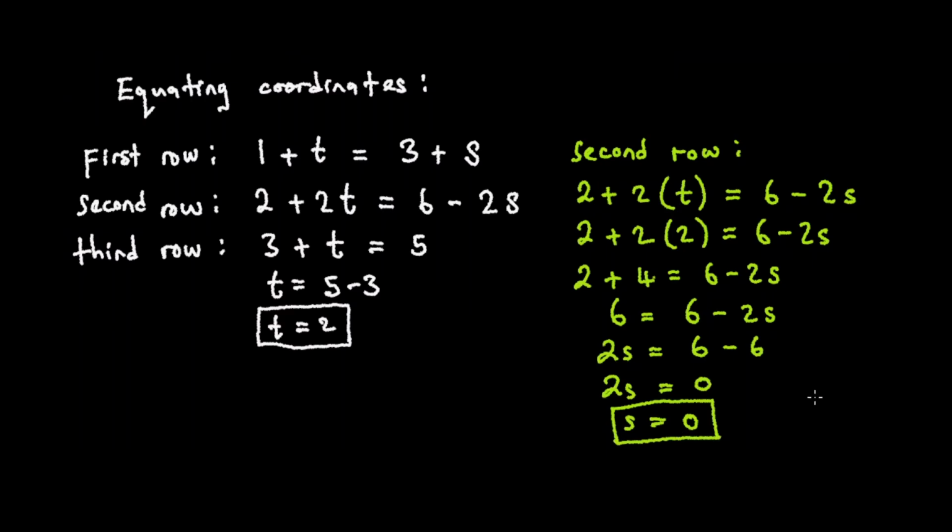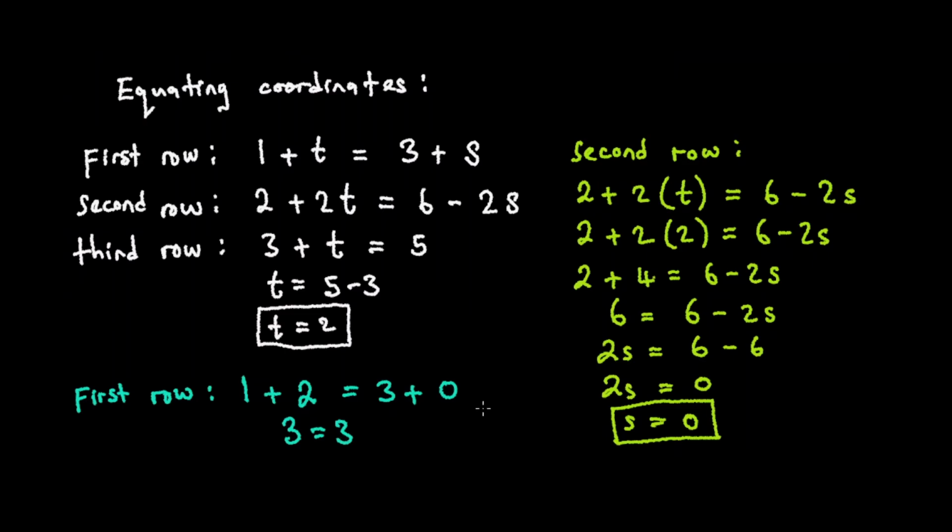Okay, so let us test this using the first row. So we are going back to the first row to see that things remain consistent here. So in the first row we see that this is 1 plus t, which is 2, which is equal to 3 plus s, which is 0. So 1 plus 2, 3 is equal to 3.